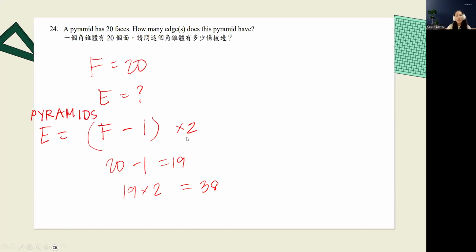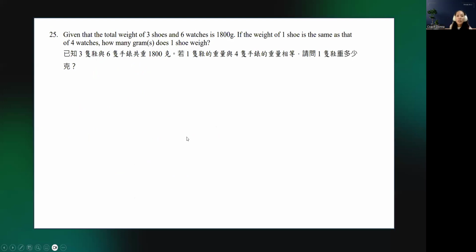Let's have number 25. Given that the total weight of 3 shoes and 6 watches is 1,800 grams. If the weight of one shoe is the same as that of 4 watches, how many grams does one shoe weigh?